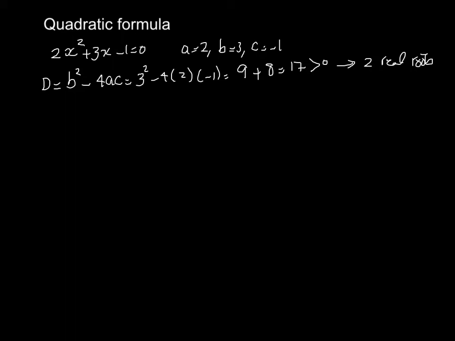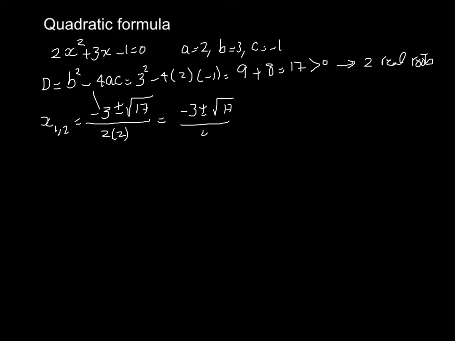So our x-intercepts, x1,2, become minus b, minus b is minus 3, plus or minus the square root of d, which is 17, divided by 2a, which is 2 times 2. This is going to give us negative 3 plus or minus square root of 17 divided by 4.